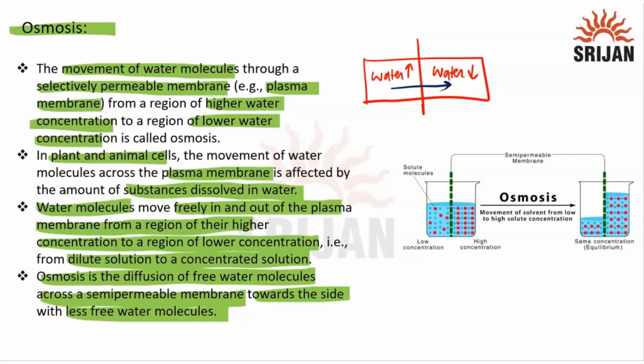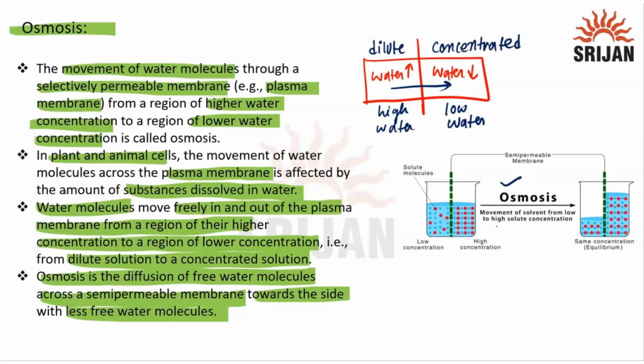The solvent is moving from its high to low concentration. There is high water concentration here, so it is a dilute solution, and low water concentration here, so it is a concentrated solution.